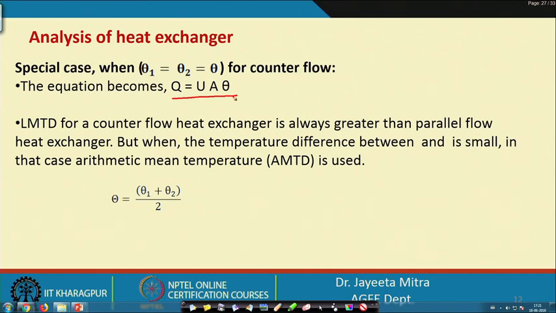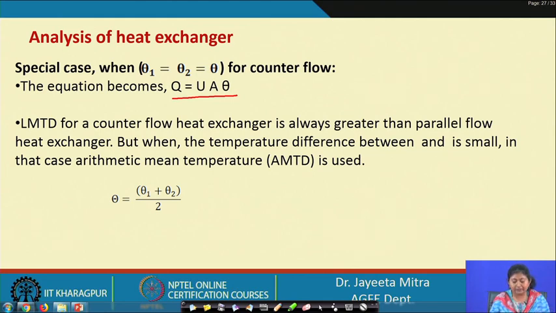And the log mean temperature difference for a counter flow heat exchanger is always greater than for a parallel flow heat exchanger. But when the temperature difference between them is small, okay, in that case the arithmetic mean temperature is used.